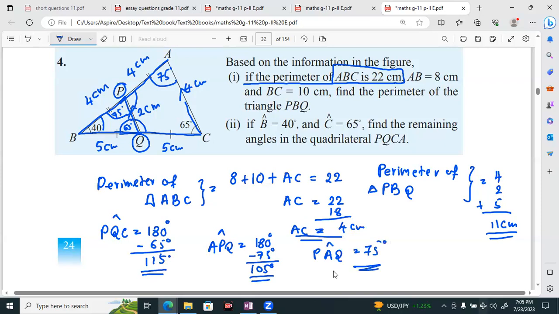Okay. Have you got these answers? Check your answers again. Is there anyone who has got these answers?